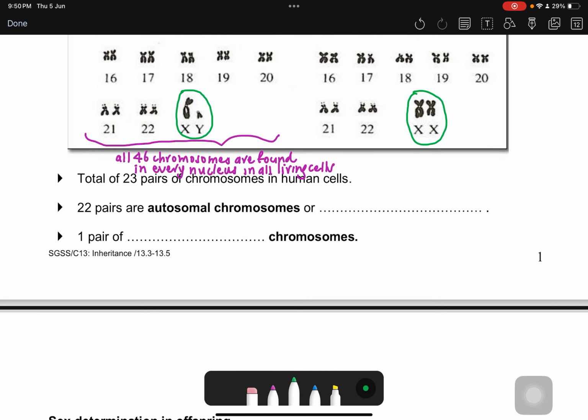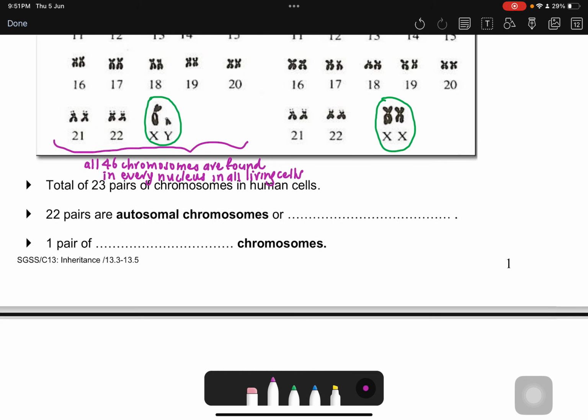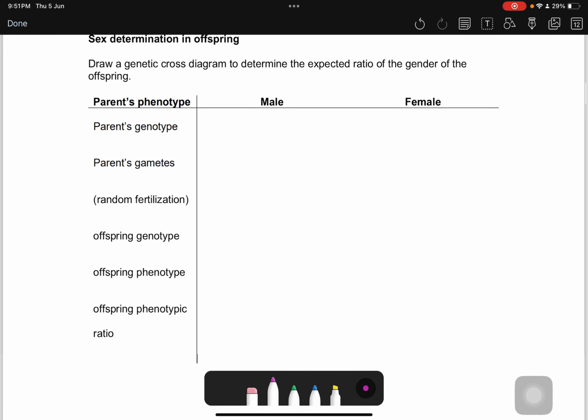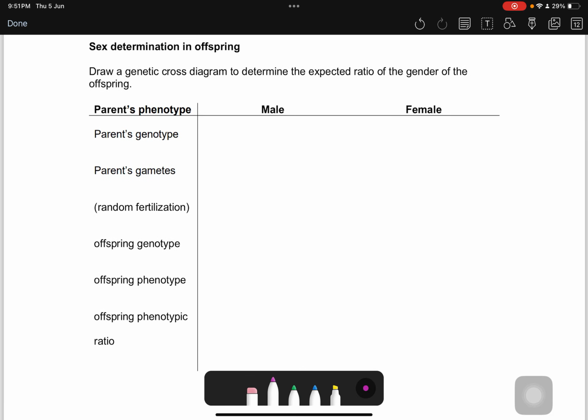So just a very quick recap: apart from the one pair of sex chromosomes that determines the sex of the person, the other 22 pairs of chromosomes are known as autosomal chromosomes, or autosomes in short, which carry all other genetic characteristics apart from a person's sex. So how do we use a genetic cross diagram to determine the expected ratio?